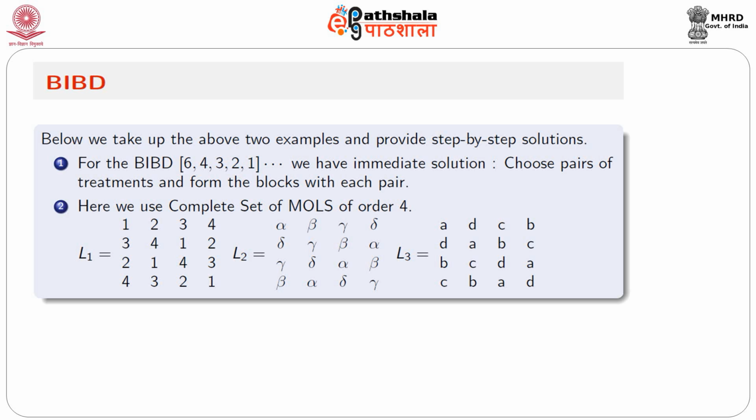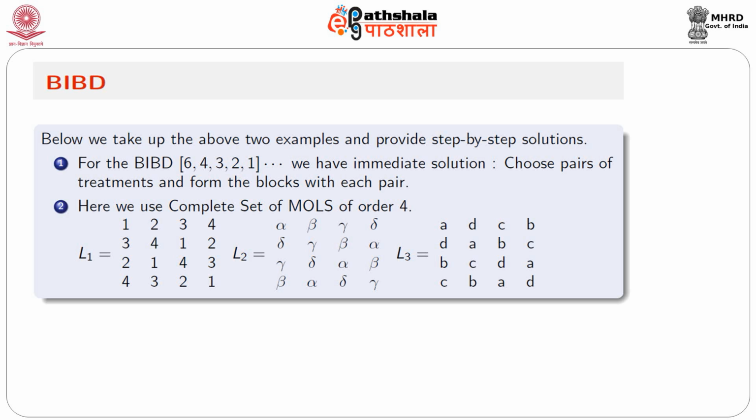So the first thing is we start with a complete set of mutually orthogonal Latin squares of order 4. L1 is the first Latin square of order 4, L2 is the second, L3 is the third. One involves the numbers 1, 2, 3, 4, another involves the Greek symbols alpha, beta, gamma, delta, and the other involves the Roman symbols A, B, C, D. These three are mutually orthogonal in the sense that if you superimpose L2 on L1, you find 1 alpha, 1 beta, 1 gamma, 1 delta, 2 alpha, 2 beta, etc. All combinations will come up exactly once in the superimposition.